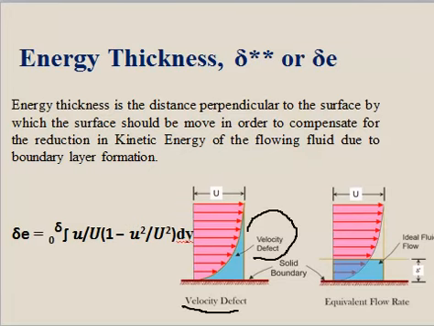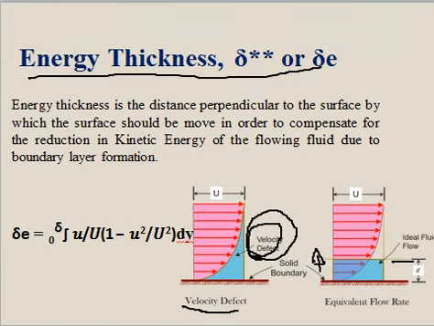Now we know kinetic energy is 1 by 2 mass into square of velocity. So basically the square of the velocity deficit will be there, and that should be compensated by moving the plate in the y direction. So whatever the reduction in kinetic energy is taking place, considering capital U constant, these two values we are going to equate, and basically we are going to derive the energy thickness.